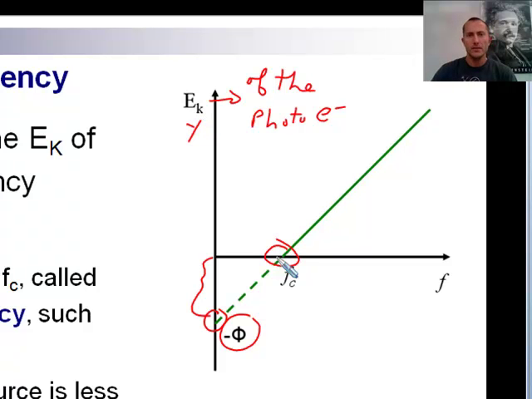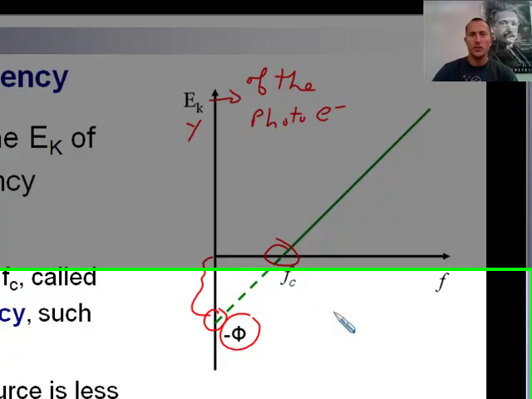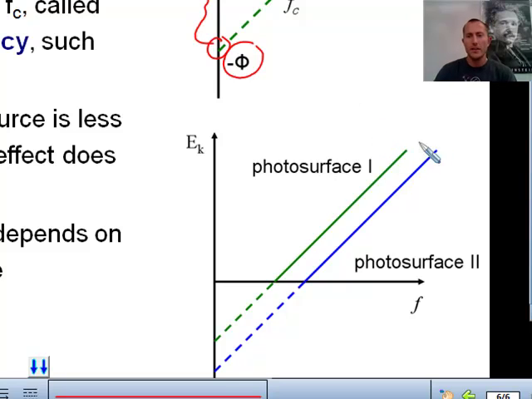Where this threshold frequency or critical frequency occurs is a function of the photosurface. So if we look at a comparison down here at the bottom between two separate photosurfaces, we'll see that the slope of the graph is identical. So for photosurface 1 and photosurface 2, if we graph frequency versus kinetic energy, the two graphs are parallel. That means that the effect of frequency on kinetic energy is identical in each situation.